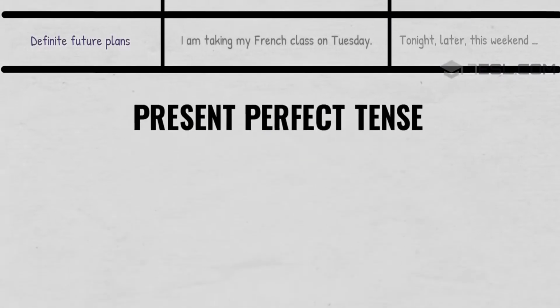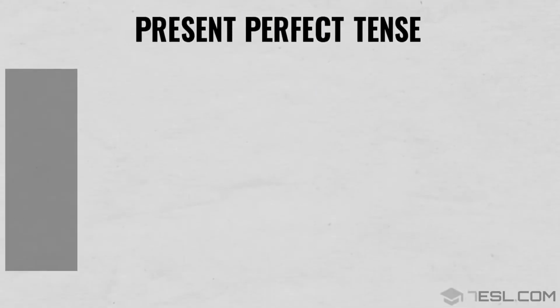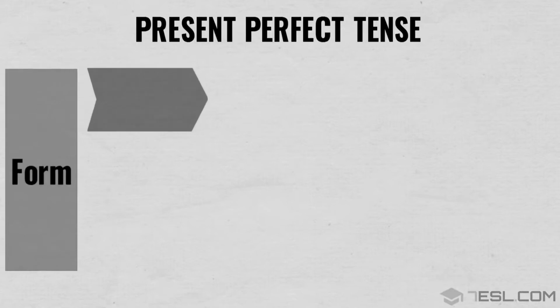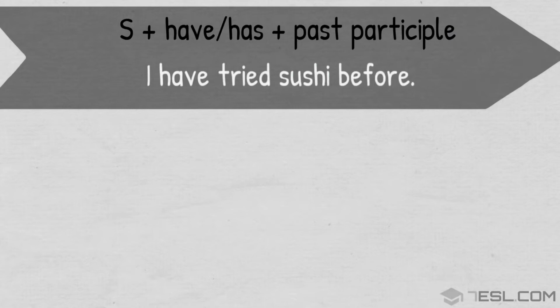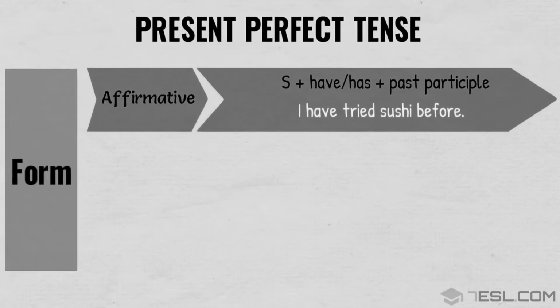Present perfect tense. Form. Affirmative. Subject plus have or has plus past participle. I have tried sushi before. Negative.